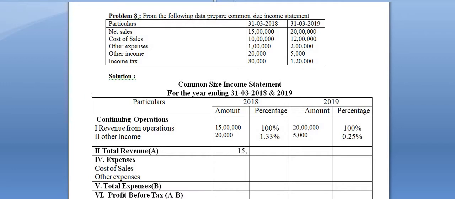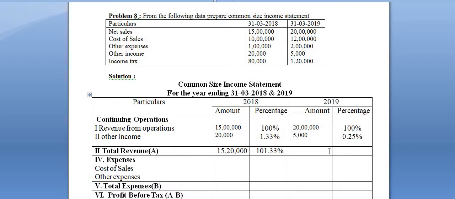So 15 lakh 20,000 is the total revenue. Now find out the percentage. 15 lakh 20,000 divided by 15 lakh into 100 is equal to 101.33 percentage.